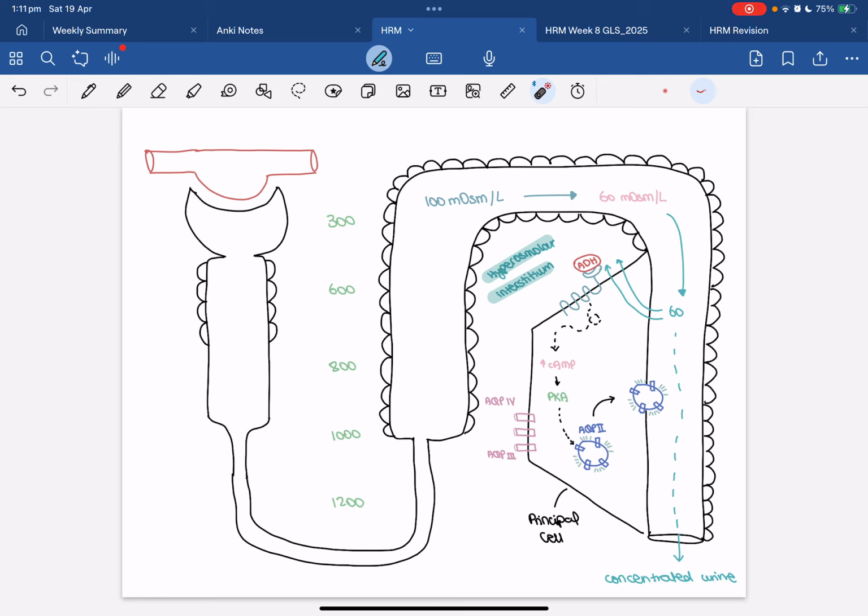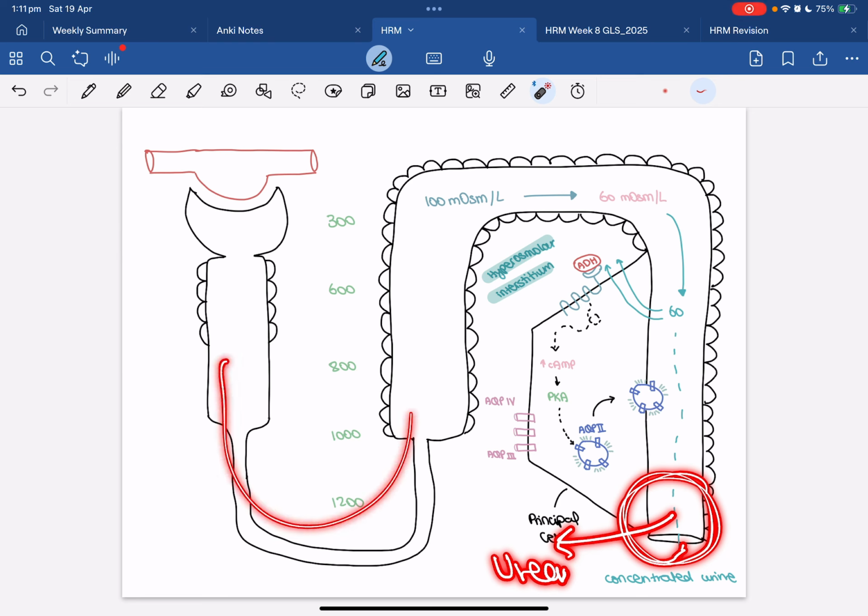We also have urea recycling that happens right here. In the later part of the medullary collecting ducts, urea is reabsorbed from the inner medullary collecting ducts into the interstitium, especially if you have a high protein diet, because of protein synthesis there's so much urea left over.